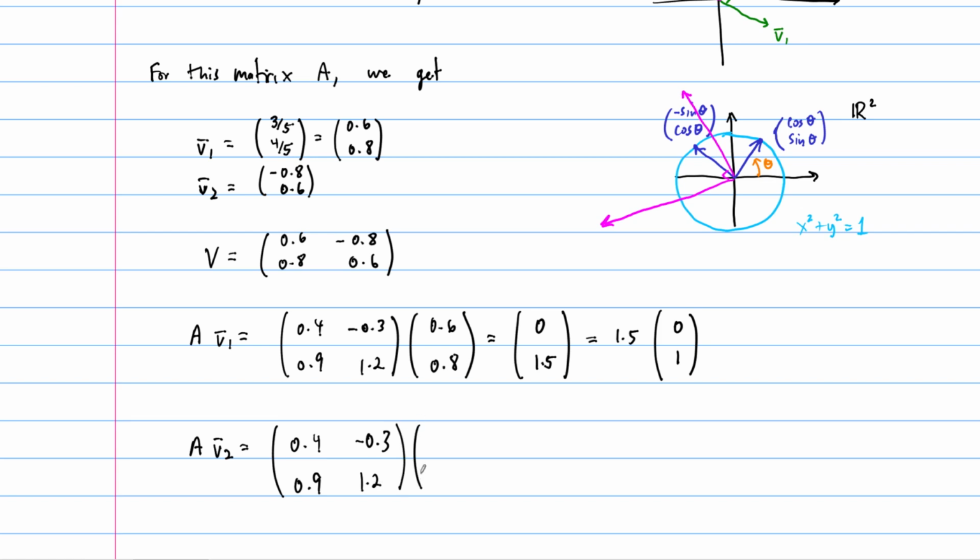But let's do it. So the second one we're going to multiply by negative 0.8 and then positive 0.6 like this. This time, if we multiply this all out, we're going to get negative a half from the first multiplication, which you can check. And then in the second one, we'll get 0.